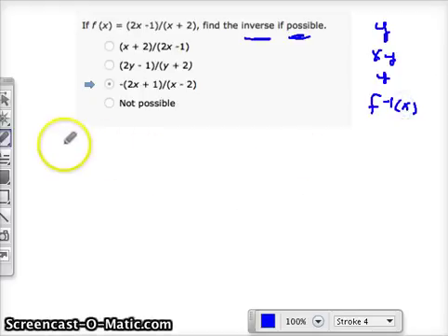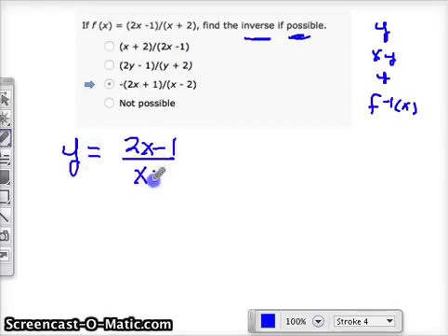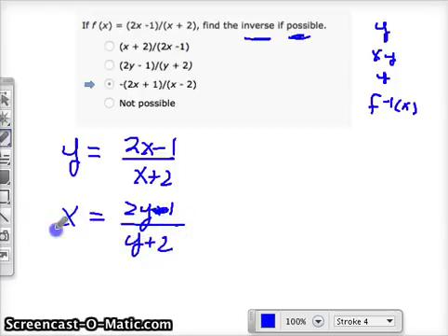So we're going to write it as y. Y is equal to 2x minus 1 over x plus 2. Switch the x into y. You may remember I did this problem on another, that's a minus, right? Minus y plus 2. Okay, I would just do this and cross multiply.